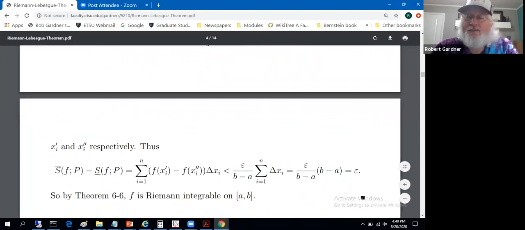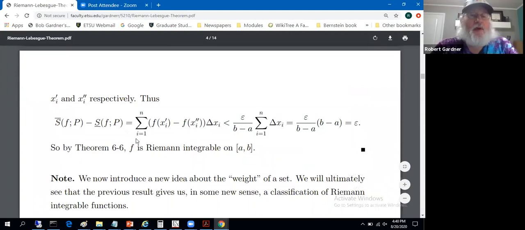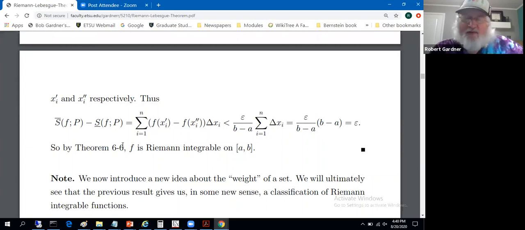Thus, let's look at an upper Riemann sum minus a lower Riemann sum. Here's the punchline. We're going to get that that's less than epsilon. And we observed above, I complained about the result, that if you can make an upper Riemann sum minus a lower Riemann sum less than epsilon, then you've got Riemann integrability. It was theorem 6.6 above, an alternative classification of Riemann integrability.